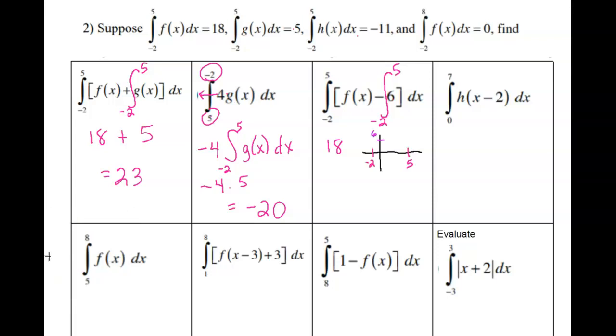So that's a horizontal line. We could also use -6, but I'm just going to subtract, okay? So that means we can find that integral value by using the signed area. This is a rectangle, so length times width means we're 7 wide, we're 6 tall, and so that area is 42.